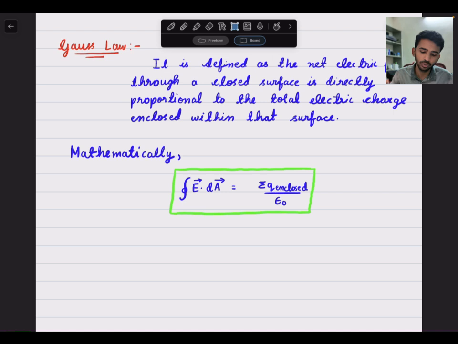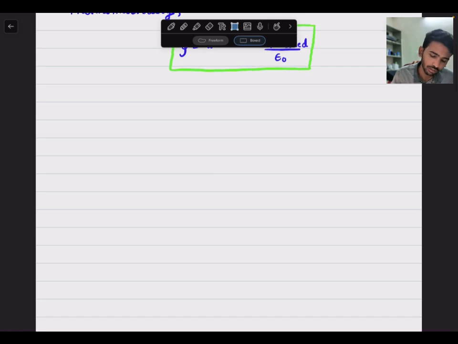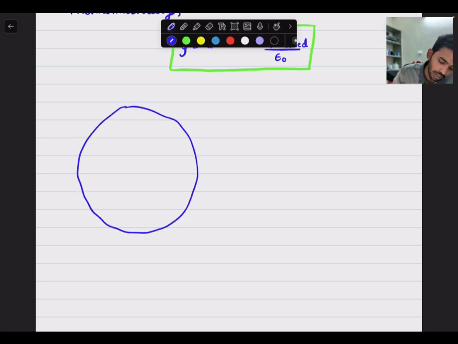So before getting into the proof of Gauss law, let's verify it. So now let's take a case where the surface is a spherical surface and there's a charge q at the center of that surface. Now we want to find the flux through this surface.